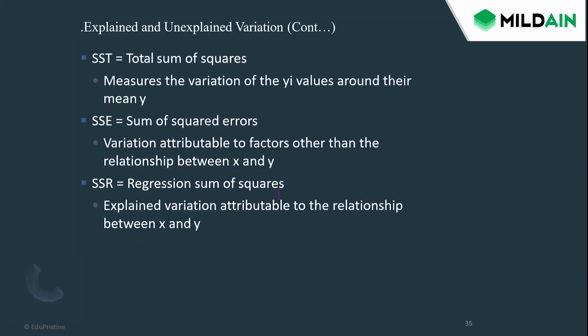SST measures the variation of yi values around their means. SSE is the variation attributable to factors other than the relationship between x and y. I have to find the relationship between the dependent and independent variables, and the correlation among the set of independent variables.